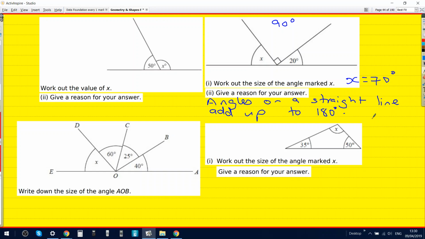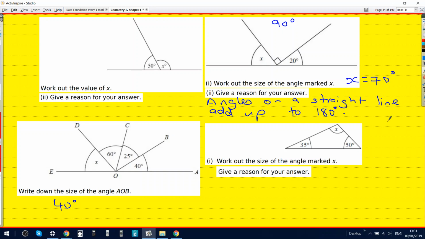Is it not 40 degrees? How did you get that? Oh, sorry, AOB. Yeah, 40 degrees. Brilliant. Bottom right. Work out the size of the angle marked X.